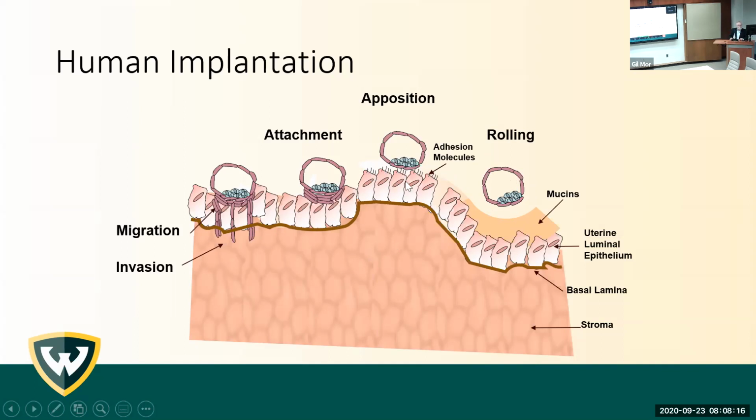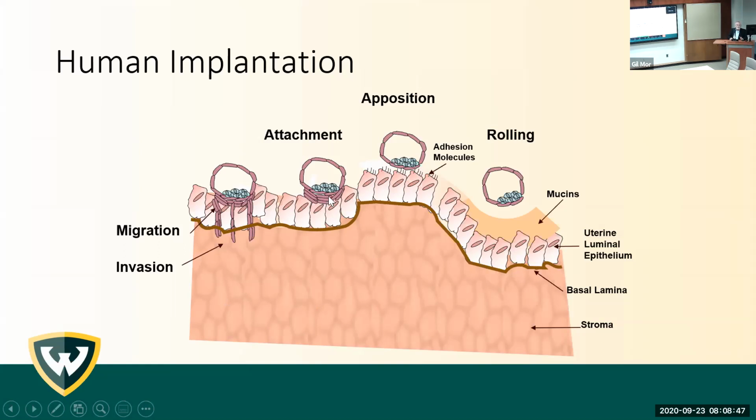Then the epithelium needs to express adhesion molecules, which are the hands that the mother's epithelium is extending to the baby. And once those two hands meet each other, when there is the physical connection between the adhesion molecules in the epithelium and the adhesion molecules in the embryo, then the attachment happens.